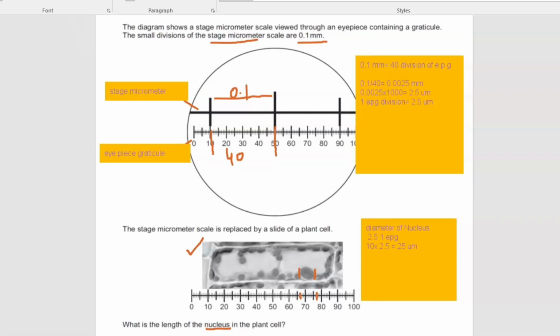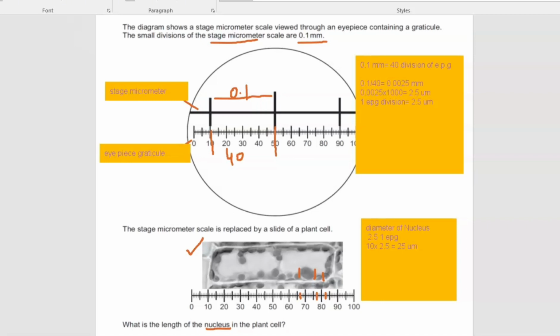25. Similarly, if we want to find the maximum width of the chloroplast here, for example, here is one chloroplast we can mark. This one is one of the chloroplasts. You can choose any. This contains from here 3 divisions and here you can mark, so 5 or 6 divisions altogether.